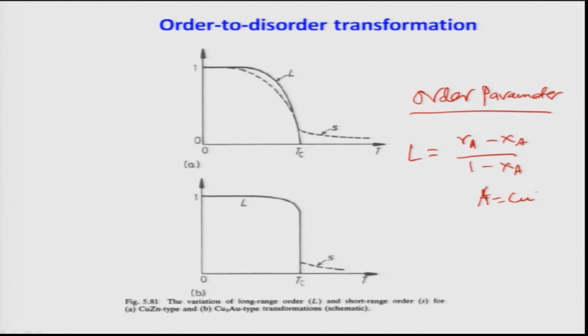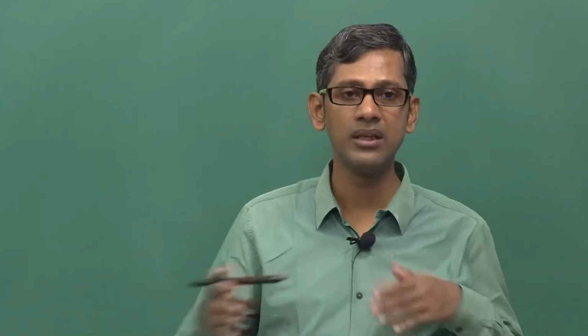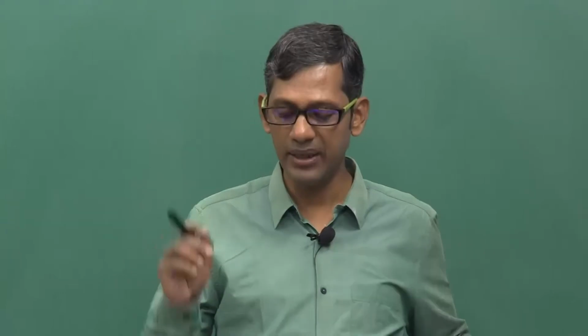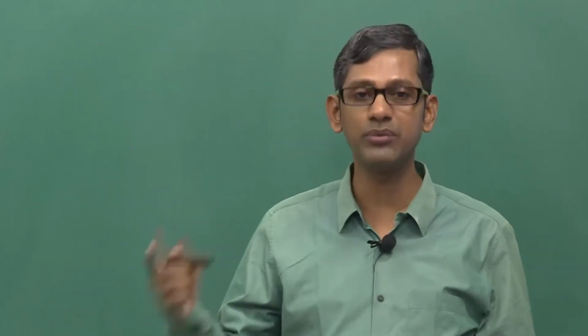If all the corner positions are perfectly occupied by gold atoms, then R_A becomes 1, because that is a fraction. In a large sample of, suppose, 1 million unit cells, if all the corner positions are occupied by gold atoms, that means R_A equals 1 for that sample. Then this becomes 1 minus X_A divided by 1 minus X_A, which equals 1. So the order parameter becomes 1.